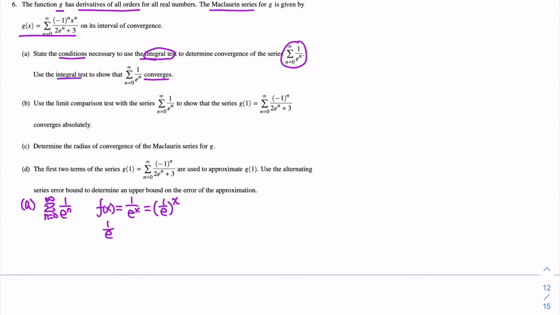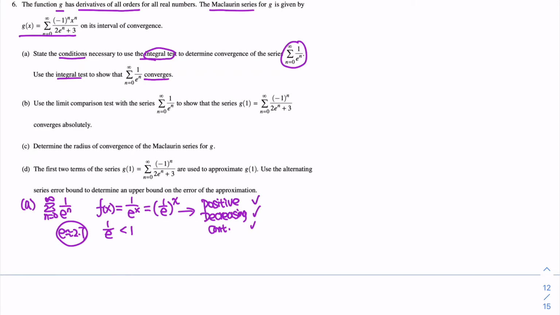As we know, 1 over e is less than 1 because e is approximately 2.7. So we can see here the function f(x) is positive, decreasing, and continuous. So all three conditions are satisfied, so we can use the integral test to check if this series converges or not.